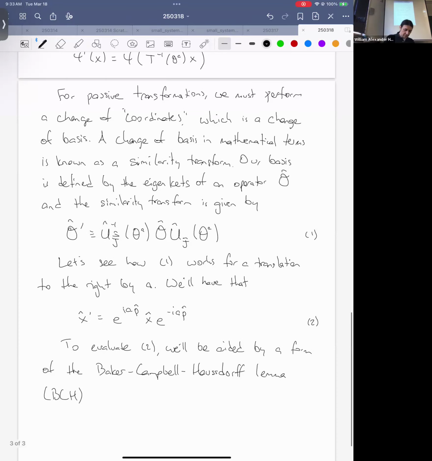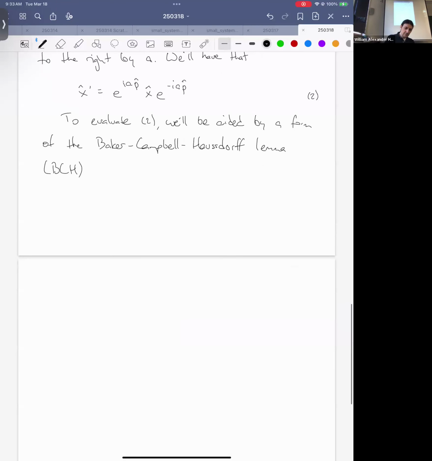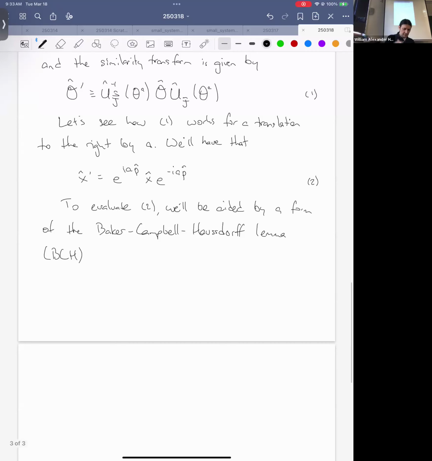Not again. So this is a very widely used tool in quantum mechanics. Not unreasonable for you to have not seen it before, but try to remember this. And I guess you'll remember it because we'll be using it a number of times.